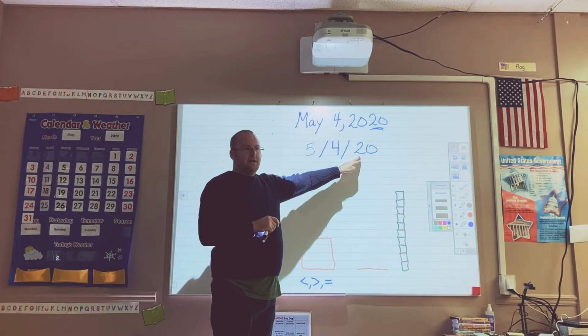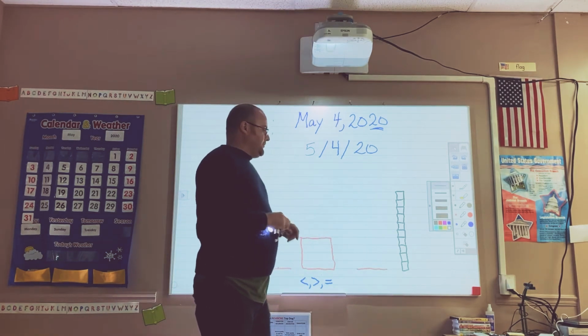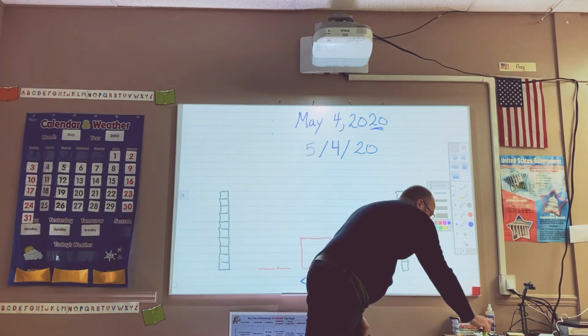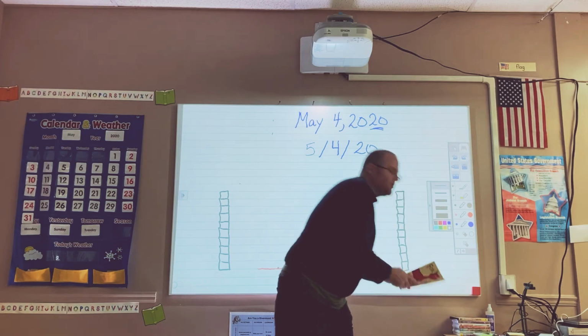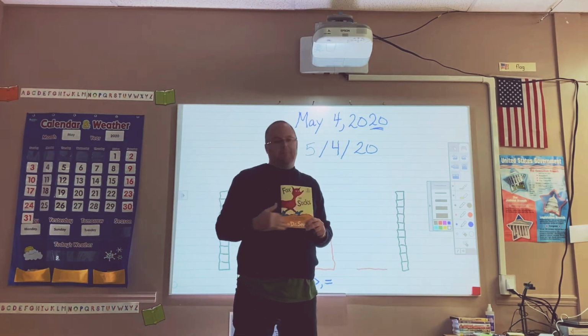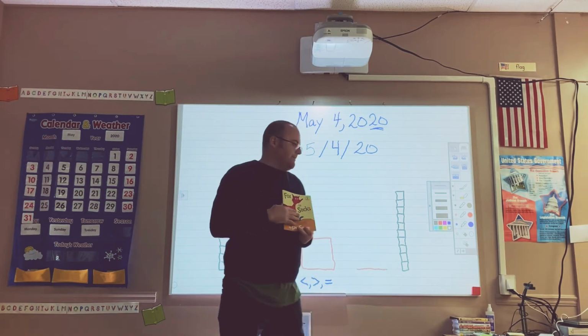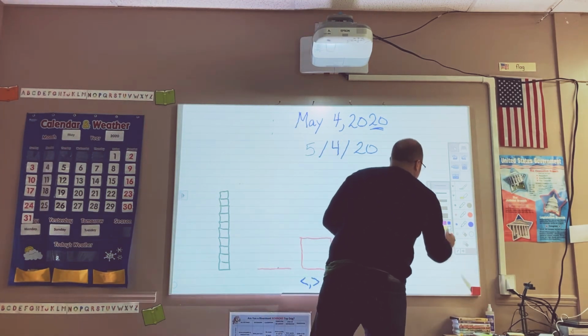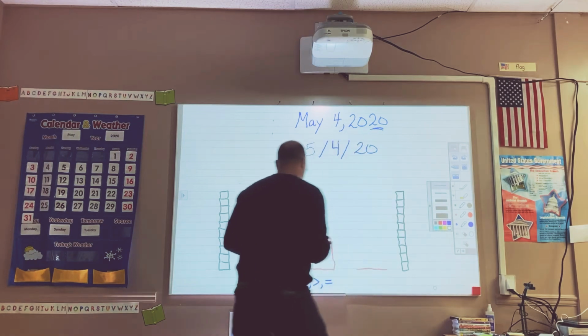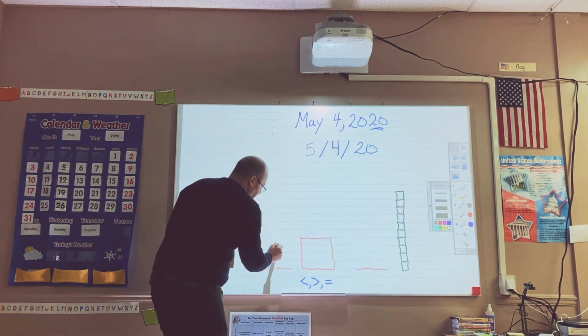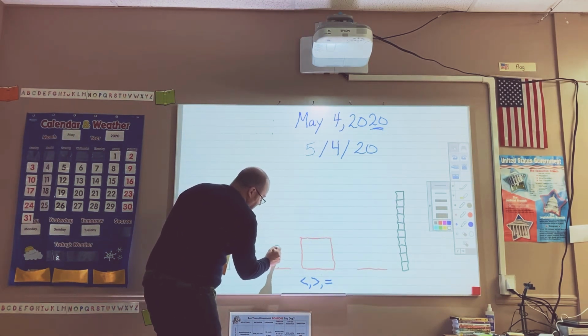All right? We're going to do a little activity that we have done before. A lot of you guys have seen me try to read this book without making any mistakes. I'm going to try again. The last time I read this book, I made 9 mistakes. I'm going to write the number 9 here, nice and neat.